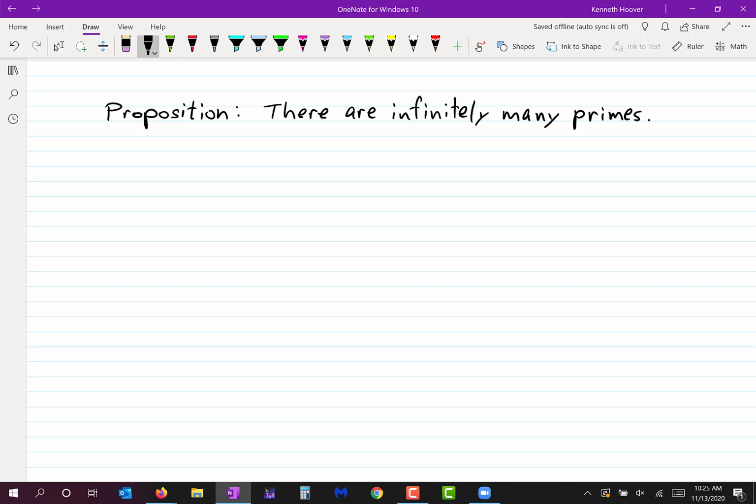Okay, so let's prove this by contradiction. So you start by supposing the negation. So I will start with: suppose there are finitely many primes.